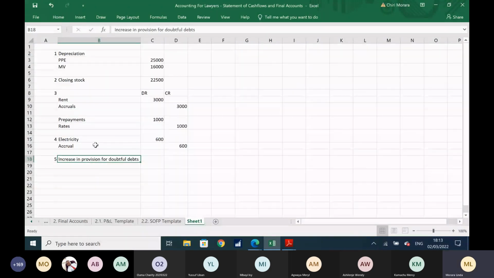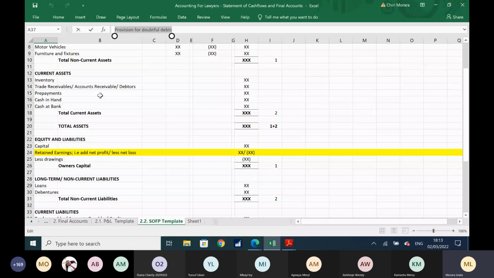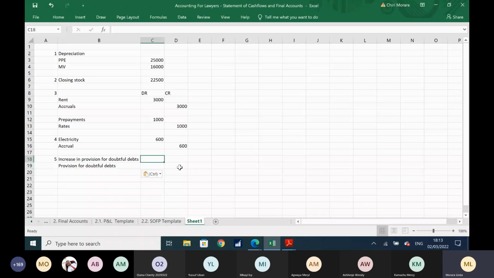And of course, you're crediting that with the provision that comes here. And as you would recall, you can do it either way. You can credit it here or you can reduce your accounts receivable. The net effect would be the same. So this is the expense, the increase, so that's 300, and then you credit it against the obligation, which is 300. So we are done with our additional information.